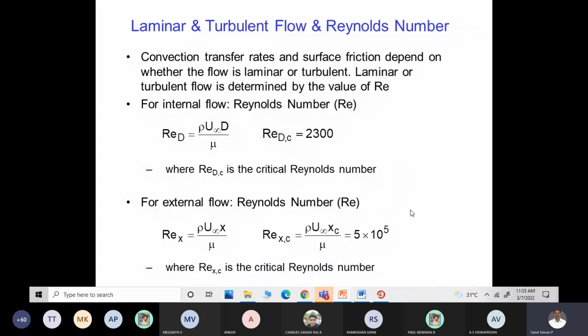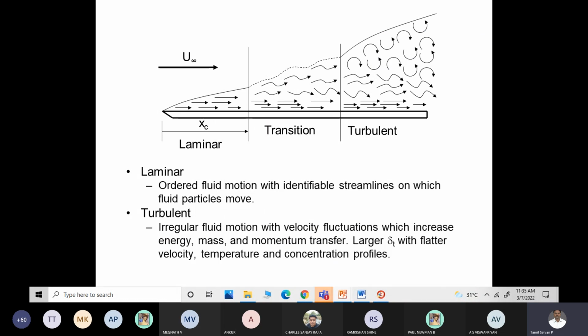When we talk about flow over cylinders and spheres, it will be different. We know that laminar flow is nothing but ordered fluid motion with identifiable streamlines along which fluid particles move. In case of turbulent flow, irregular fluid motion will be there.